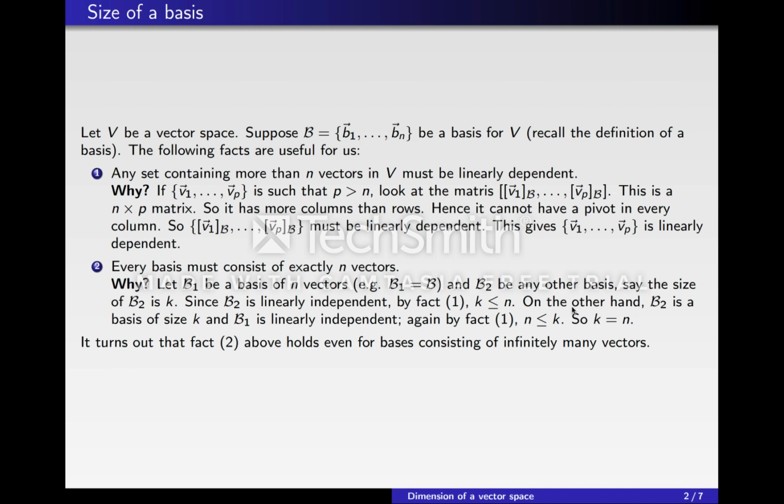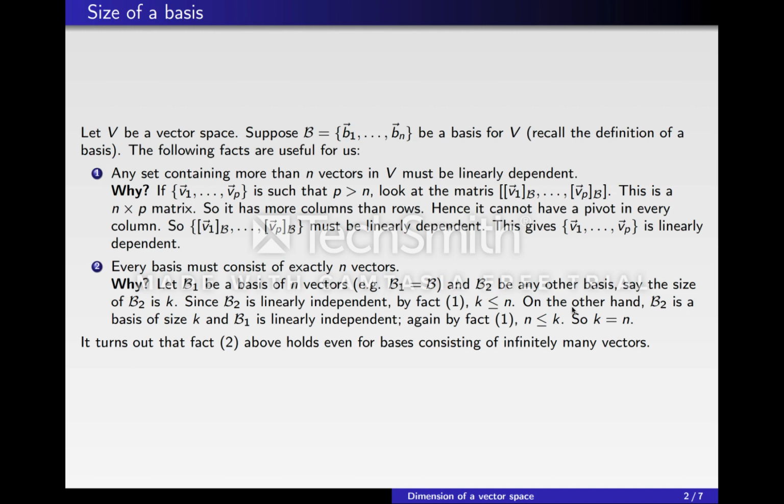Let's say the number of vectors of B2 is k, just some number. B2 is linearly independent because it's a basis, and so by fact 1, the number of vectors in B2 must be at most n. So k is less than or equal to n, because otherwise k would be bigger than n, and fact 1 would tell you that B2 must be linearly dependent, and it's not because it's a basis.